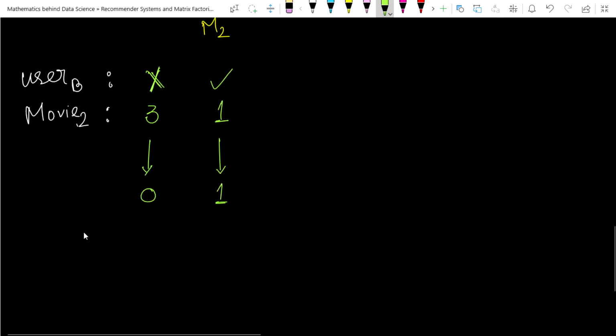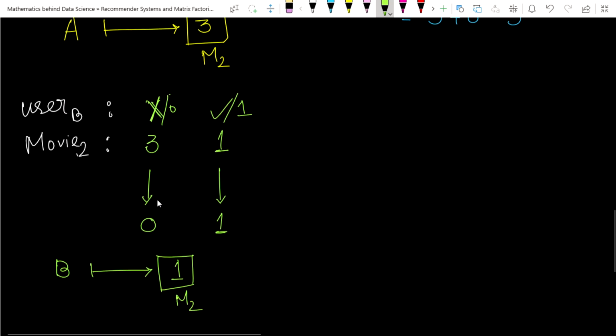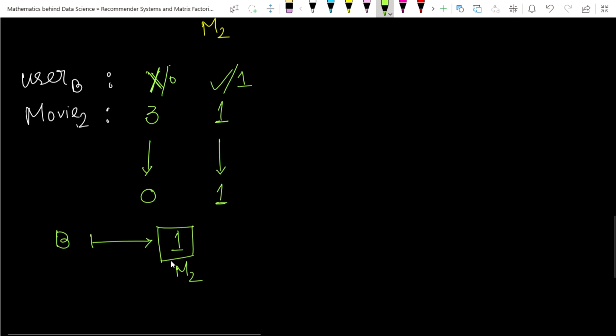So can we not expect that user B will give a 1 rating for movie 2? Not liking it means 0, and liking it means 1. If you multiply these, you get 0 for one and 1 for the other, and summed up it's the same thing. I think you got the idea.